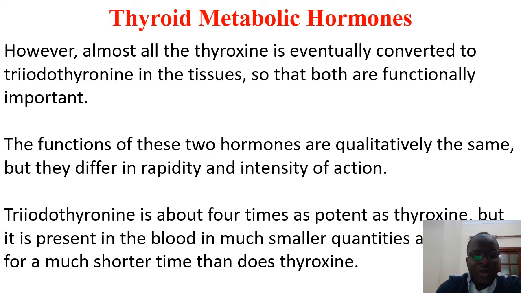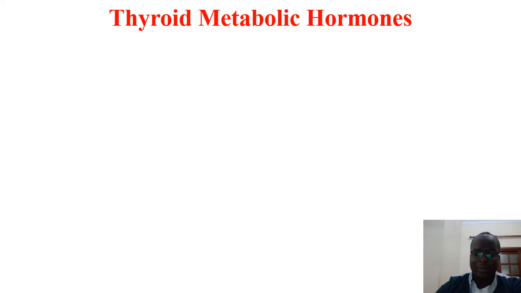The triiodothyronine is about 4 times as potent as thyroxine, but it is present in the blood in much smaller quantities and persists for a much shorter time than does thyroxine. So thyroxine has got a longer half-life as compared to triiodothyronine. So you realize to say that the thyroid gland is producing a lot of thyroxine that will spend more time in circulation. Then later on, when it's delivered to the tissues, it will be converted to triiodothyronine, so that in terms of function, they should be similar.